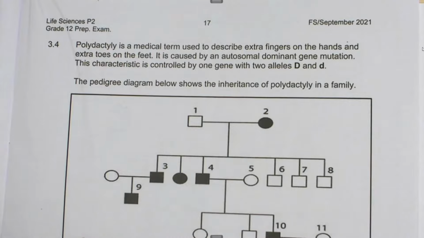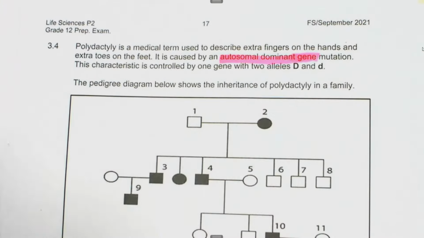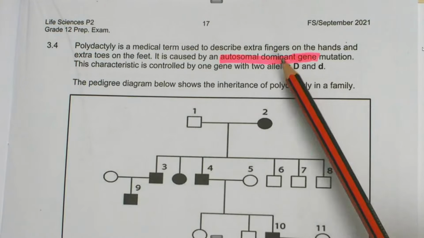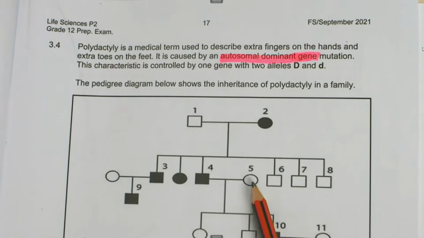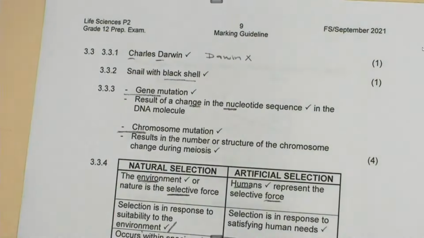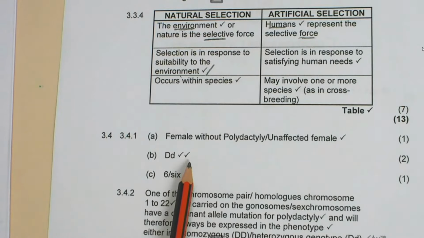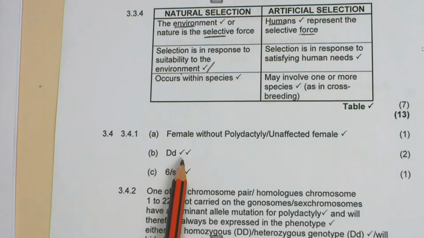First of all, they say that this is an autosomal dominant gene. So the gene that causes this mutation must be dominant, and if you are unaffected, then you don't have the dominant allele, so therefore the female is small letter d, small letter d.